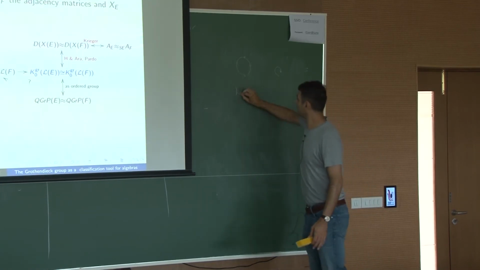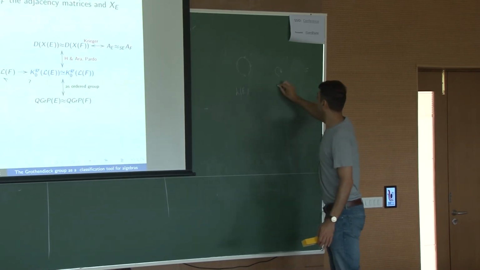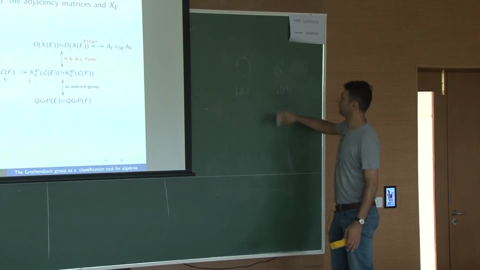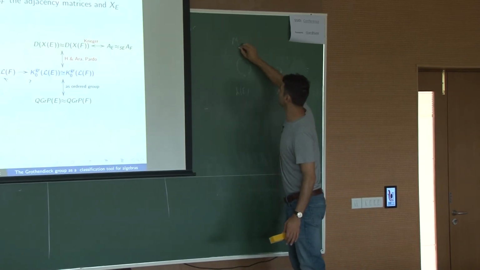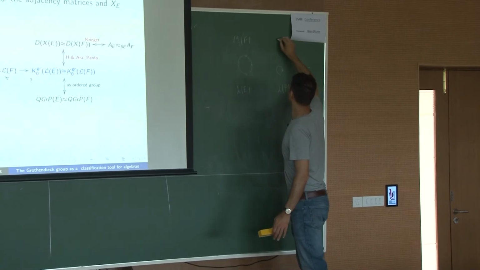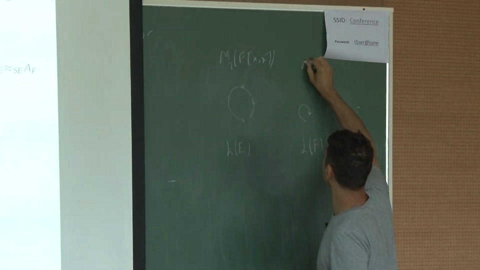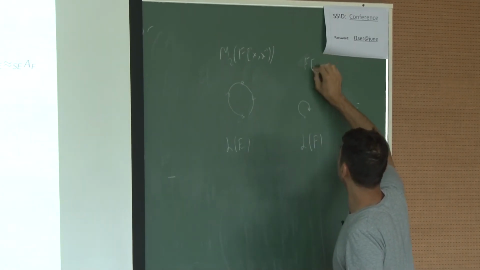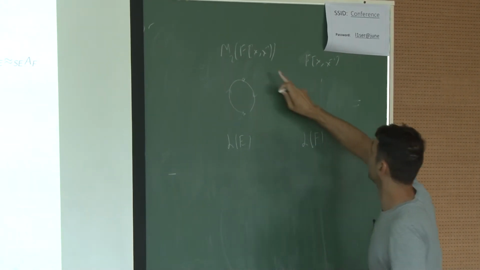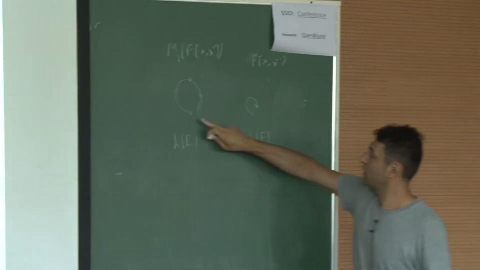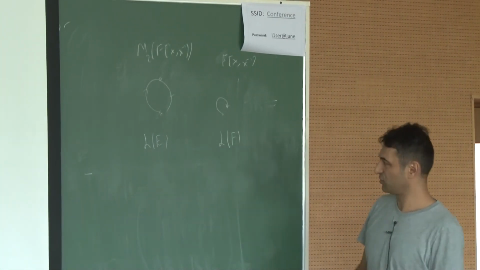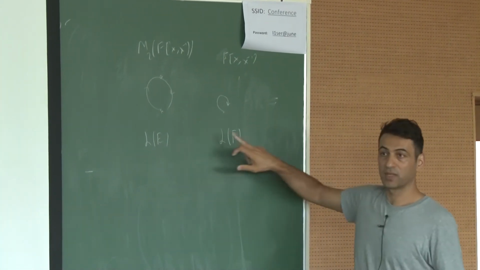And the Leavitt path algebra of this is Morita equivalent to the Leavitt path algebra of this. And in fact, if you think about this, if this is just M2 of f, and this is just, I don't know, M2 of f x minus 1, and this is M of f x minus 1. So they are Morita equivalent. So you can collapse this to this one, sort of shrink this, and they are Morita equivalent.